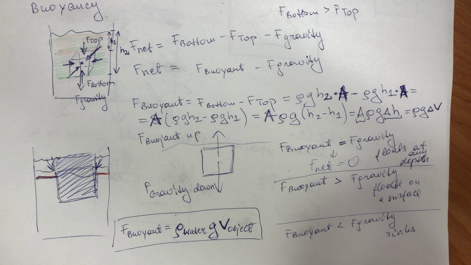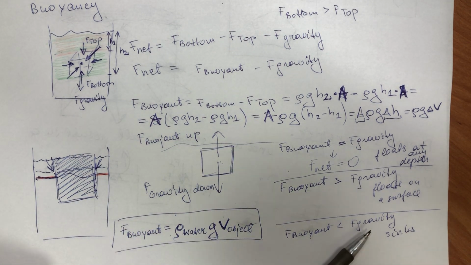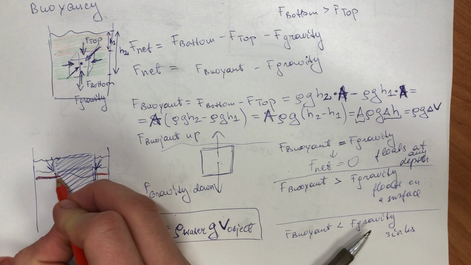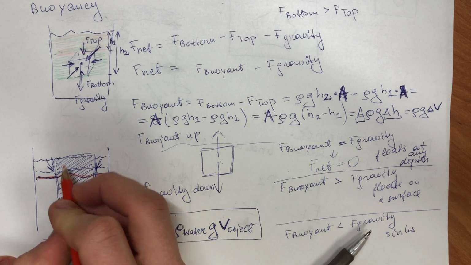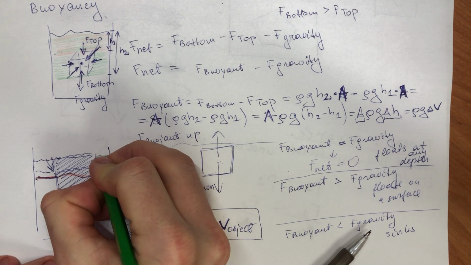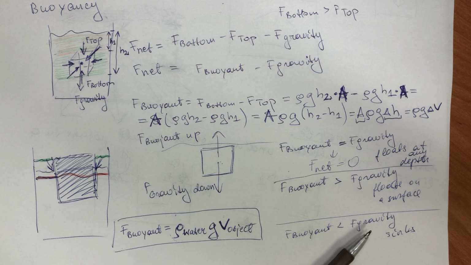And as we said, the buoyant force depends on the volume of the object. If we put a chunk of heavy metal into this water, and the water level was here, then the water level increases to this point. The chunk of metal displaces the water.